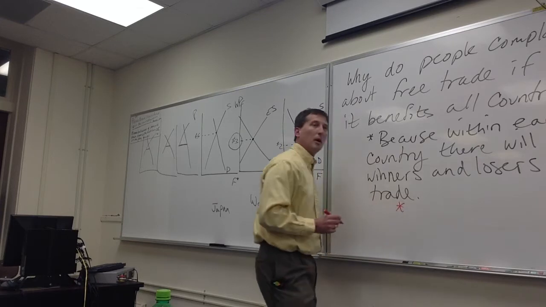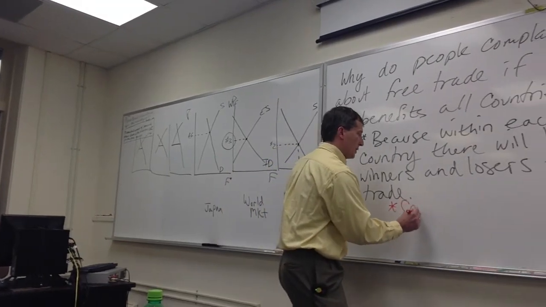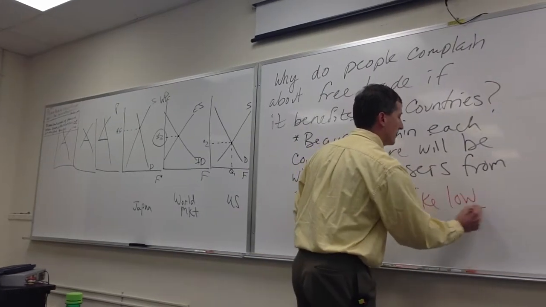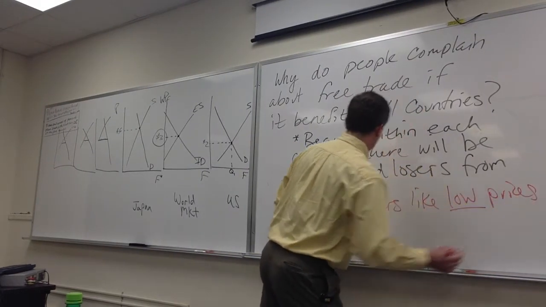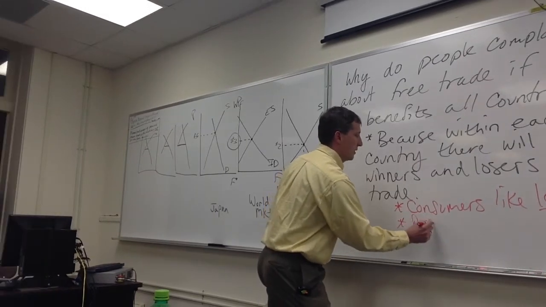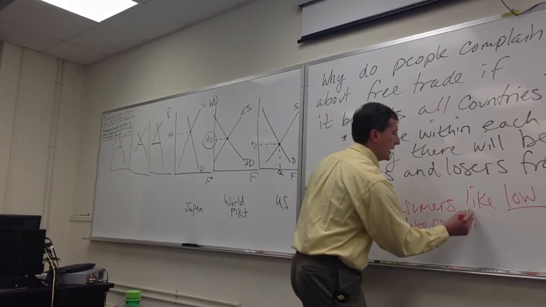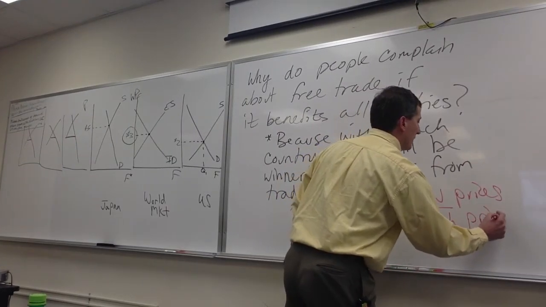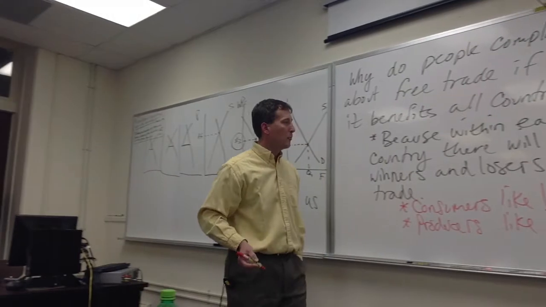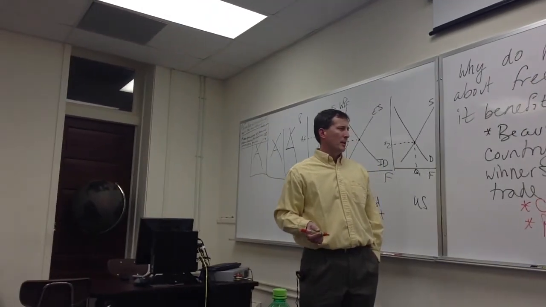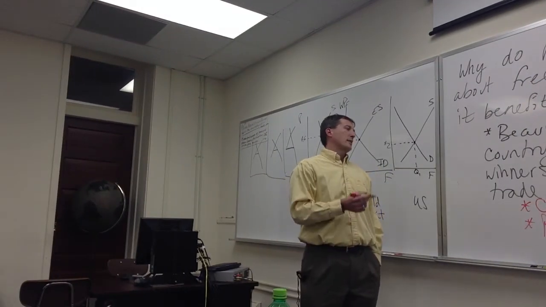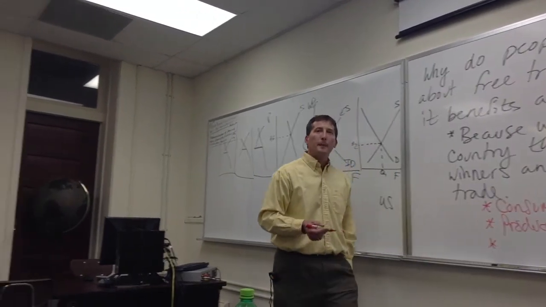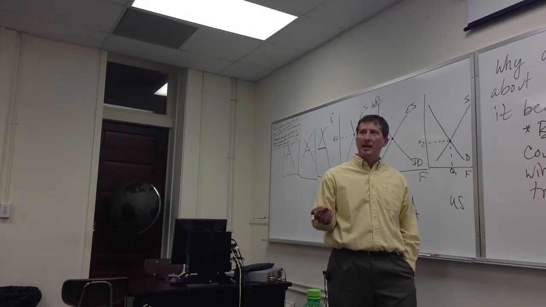And where that comes from is consumers like low prices. Producers like high prices. High sale prices. They get more for their product. Consumers like low prices. Producers like high prices. And when we start trading, prices change.